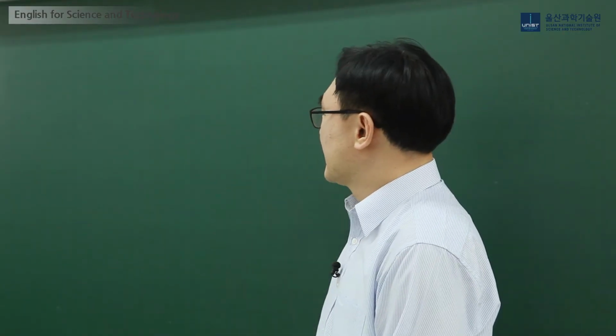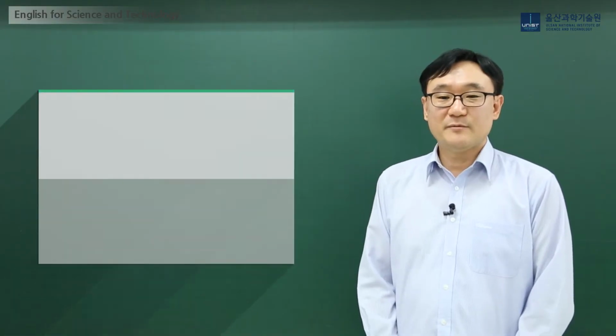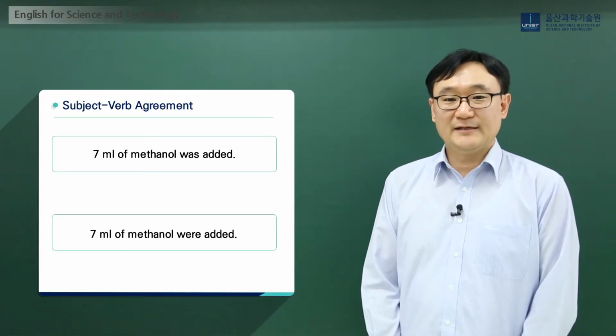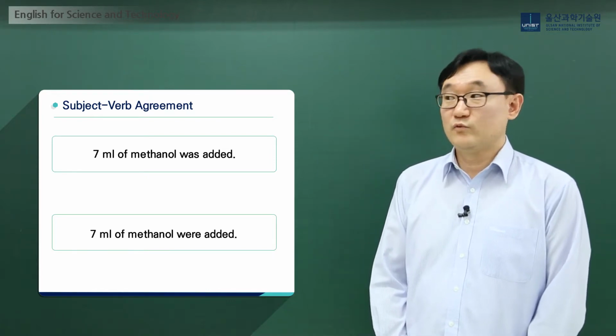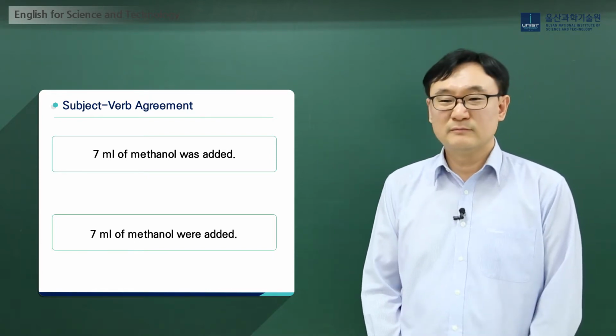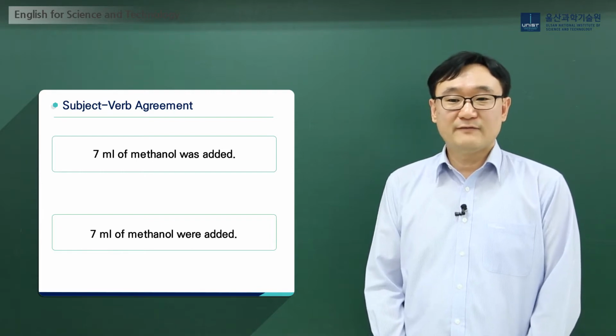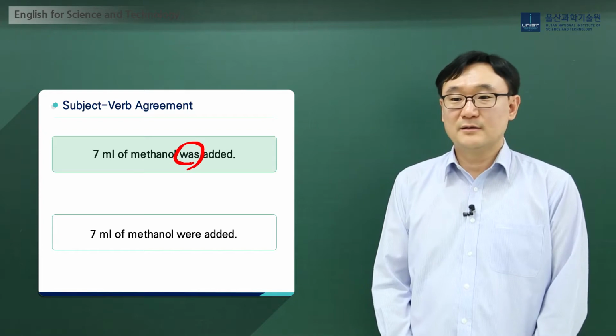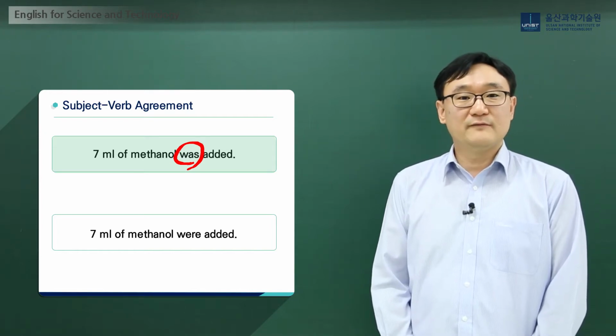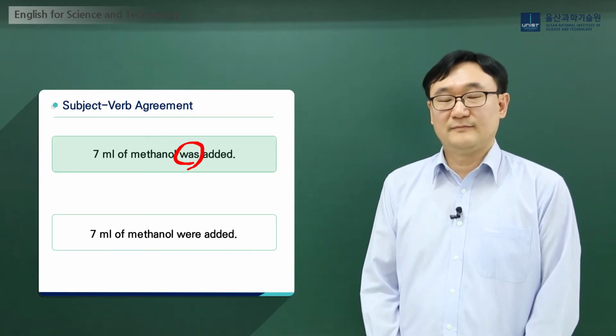Take a look at these examples too. 7 milliliter of methanol was added and 7 milliliter of methanol were added. Which one is correct? In fact, 7 milliliter of methanol was added is correct because 7 milliliter itself is one quantity.